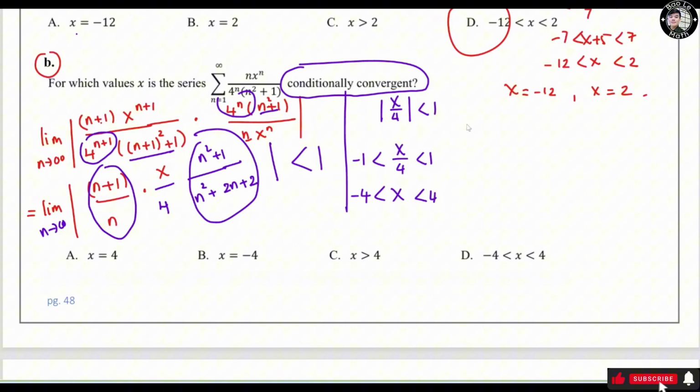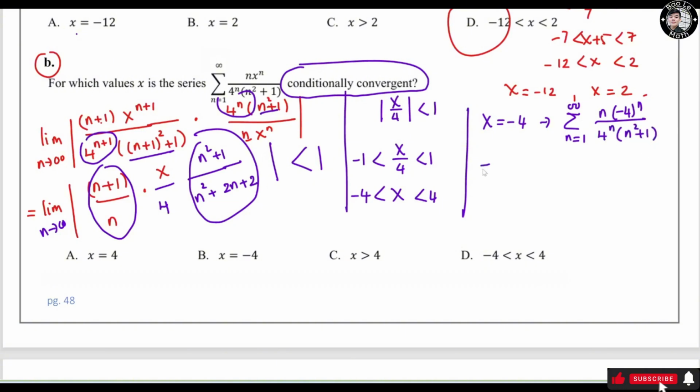So we need to check s equals negative 4 first. Over here, we have the series n goes from 1 to infinity of n times negative 4 to the n over 4 to the n times n squared plus 1.